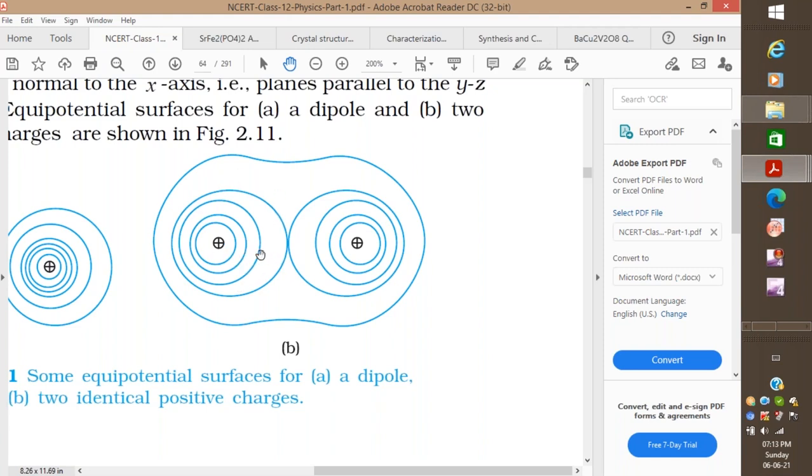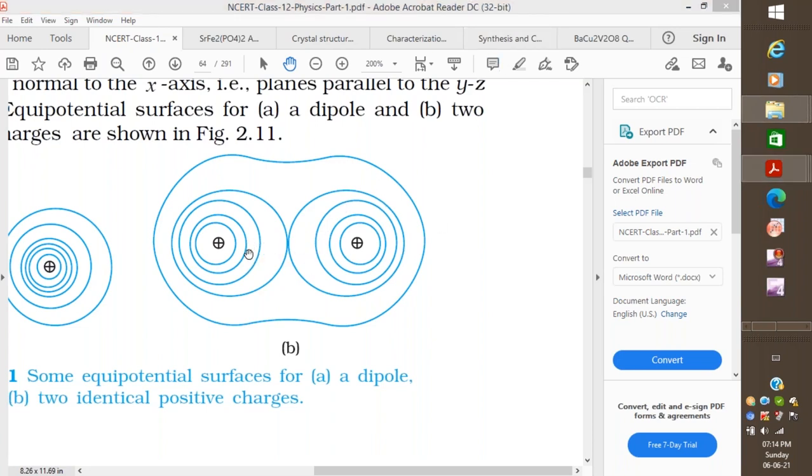And you can see that in the region between them, there is more space between the consecutive surfaces.